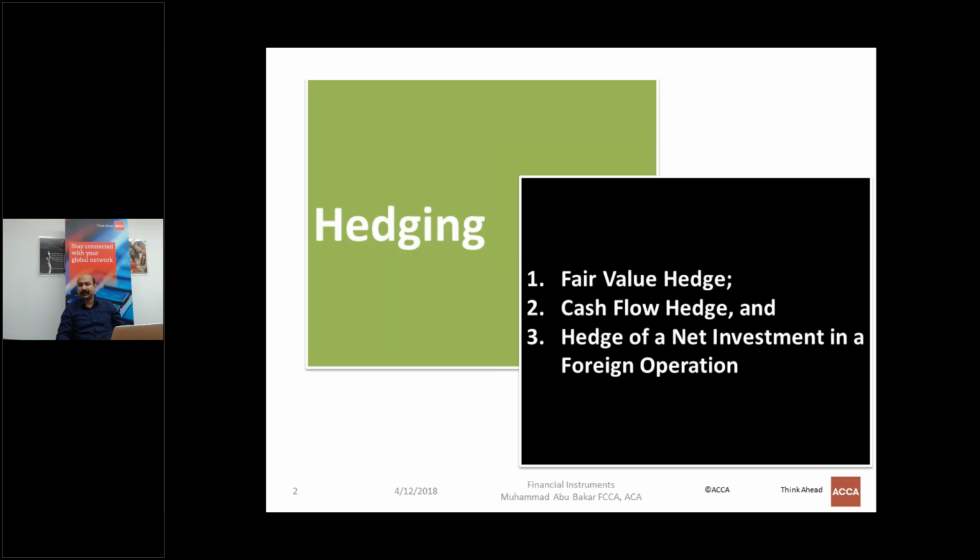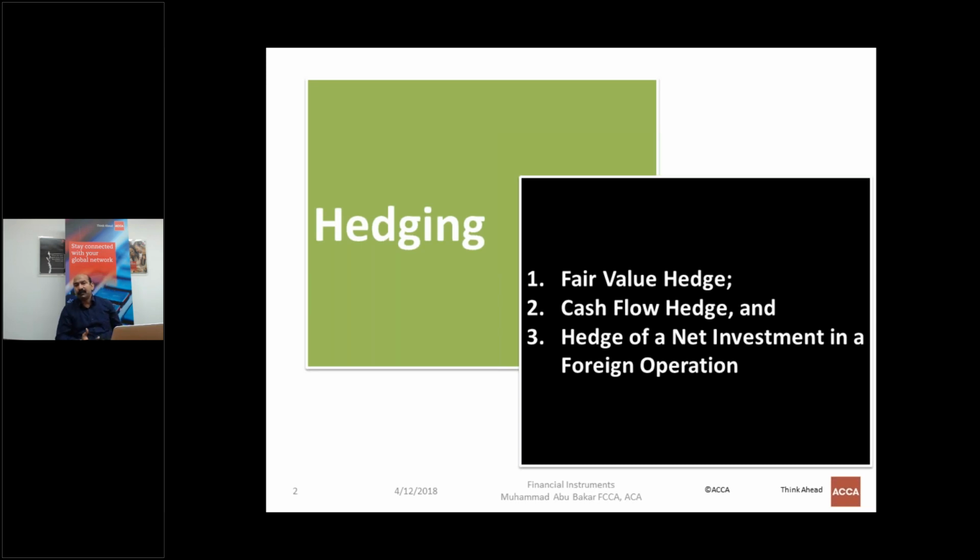So this is the risk of loss, and you want to protect yourself. You want to cover yourself from this loss. So that's why you apply hedging techniques, so that you could avoid this loss due to exchange rate movements.